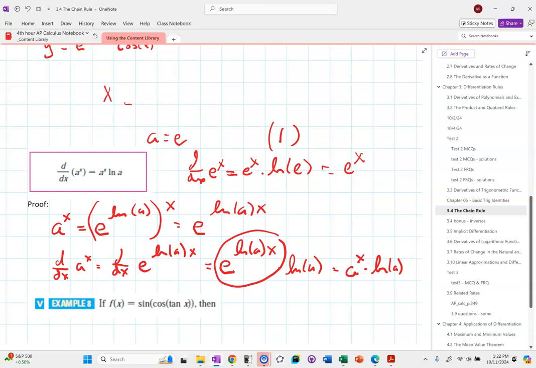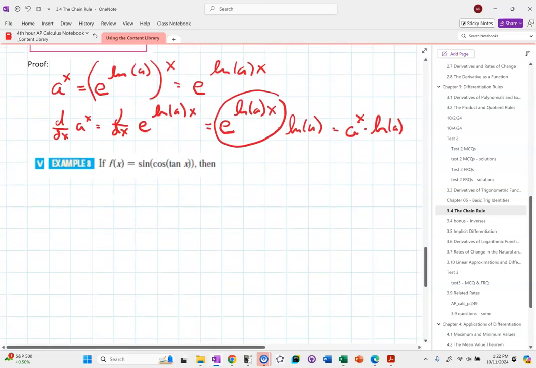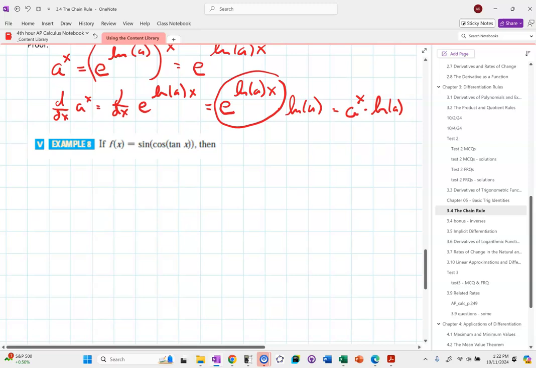All right. So let's look at this next example. When you look at this, what do you see? I see a chain within a chain, right? So what is our outermost function?